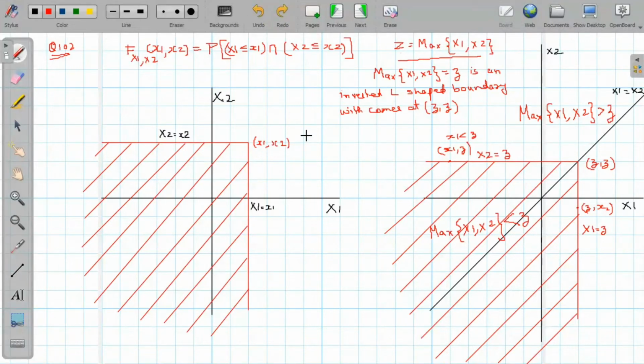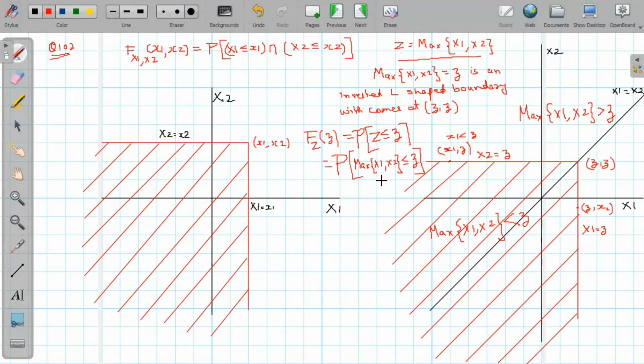So according to the definition of CDF of z, we can write it as F capital Z of sample value small z, which is equal to the probability that capital Z is less than or equal to small z. So we can write this as the probability that maximum of x1 comma x2 is less than or equal to small z.